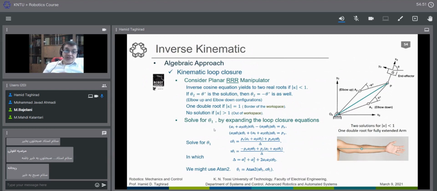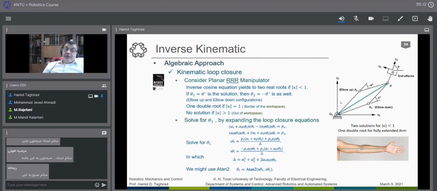The question was, if you have 2 solutions, if you have some degeneracy, which one to use? So for each position we have 2 solutions. How should we choose between these 2 solutions?